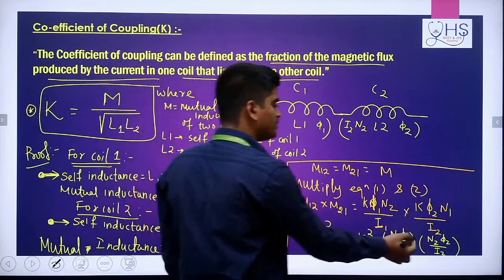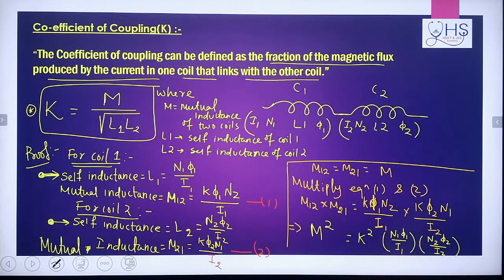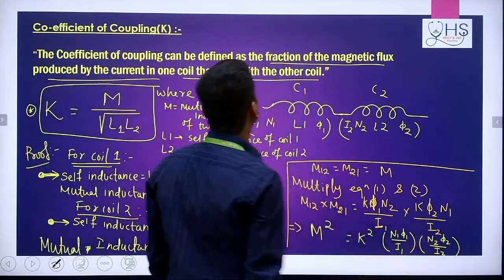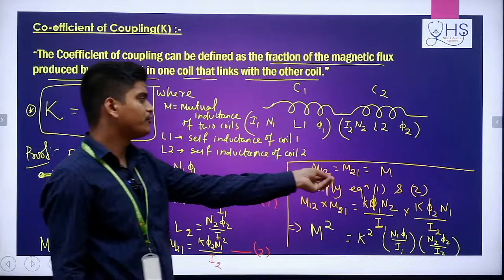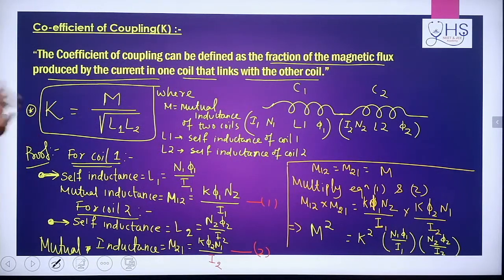Now you can write M square is K square into L1 into L2. So it is very simple: for coil 1 and coil 2, after multiplying equation 1 and 2 you get M square. Now you can derive this equation.